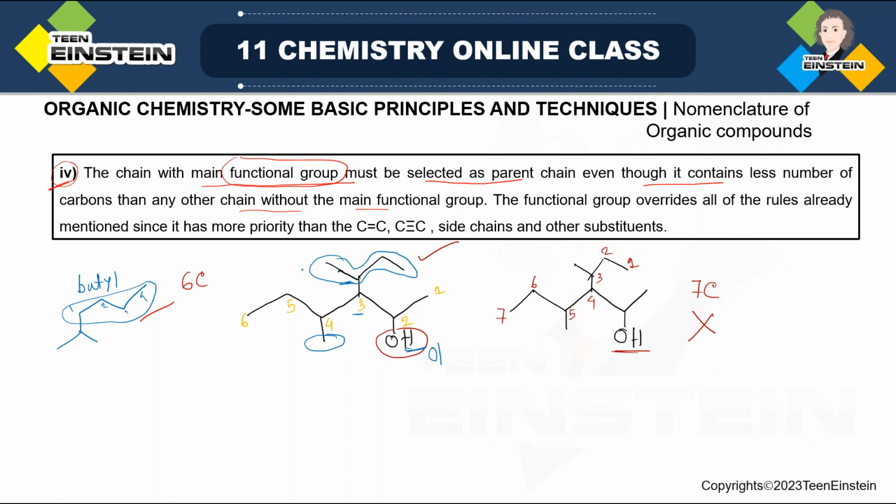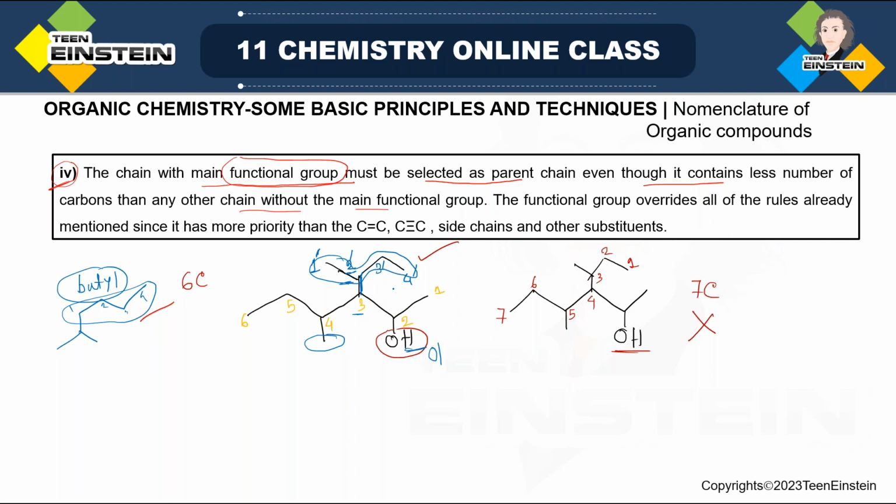But this is not the numbering for the parent chain. I am doing this numbering just to understand the attachment point with the main parent chain. So I am doing it with primes: 1 prime, 2 prime, 3 prime, 4 prime. At the 2 position it is connected with the main chain. So if we simply write butyl, it will not be correct. A 4-carbon substituent can be attached to the main carbon chain in different ways.